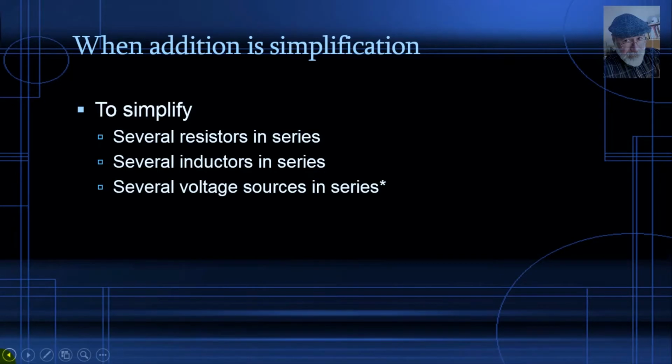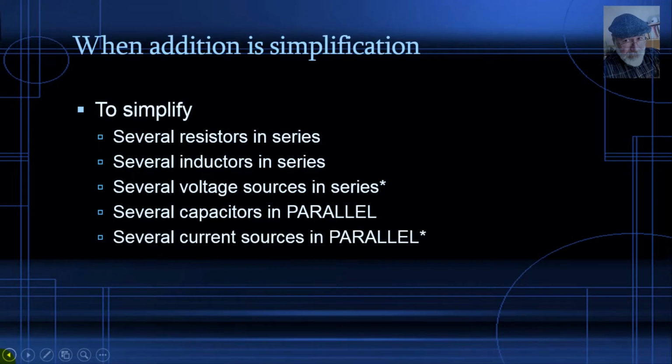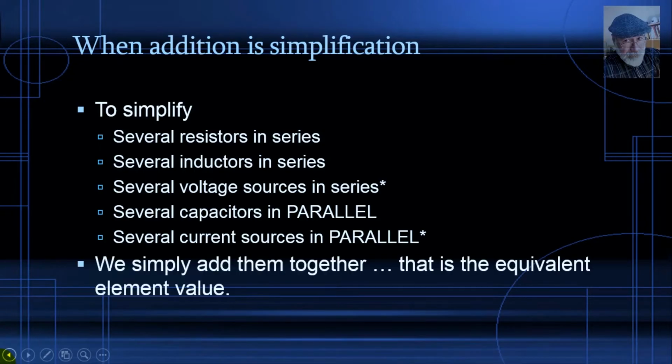Of course, in this case, I need to take into account their polarities, as we shall see, or several capacitors in parallel, or several current sources in parallel, and in this case also we need to take into account their polarities. In each one of those 5 cases, we simply add their values together to obtain the value of the equivalent element that will replace them.